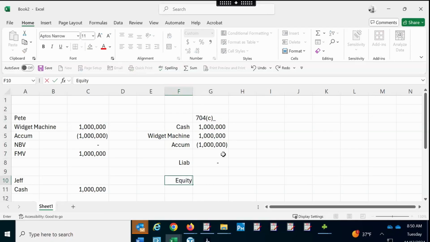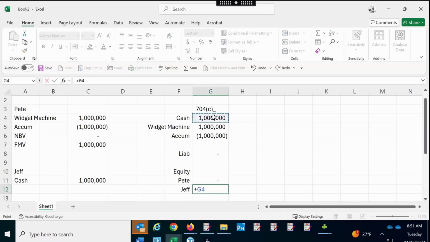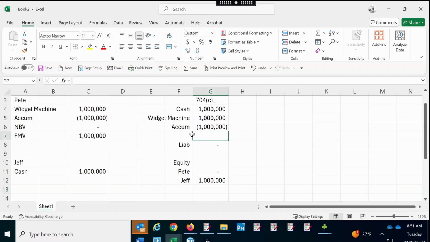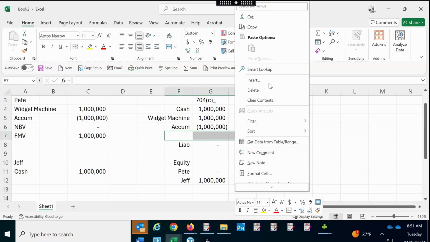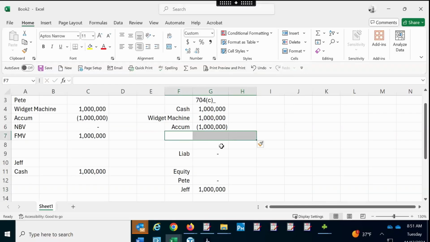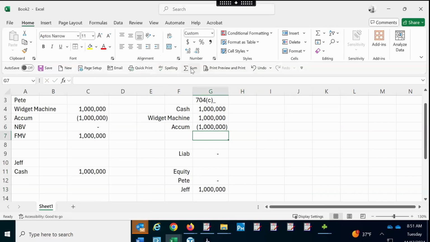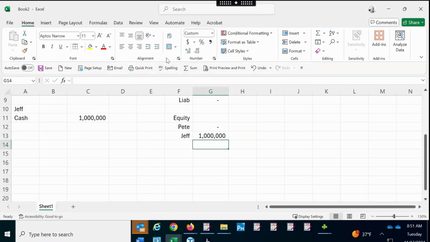Equity. Pete would be 0 because the net book value of the widget machine is 0, and then Jeff would be $1 million. Okay, so we have our total, right? Which is $1 million, and then $1 million.